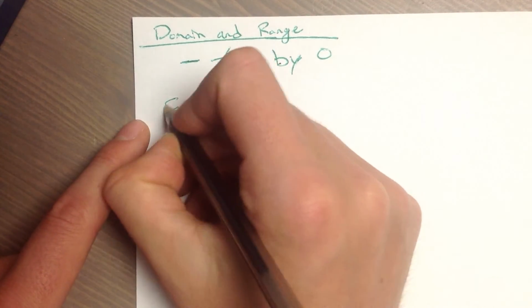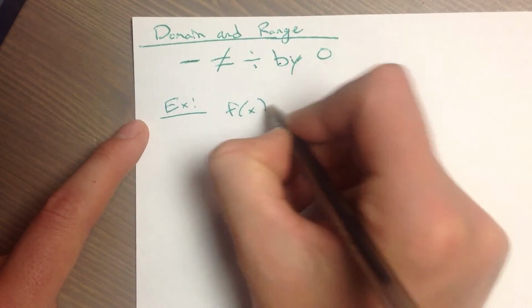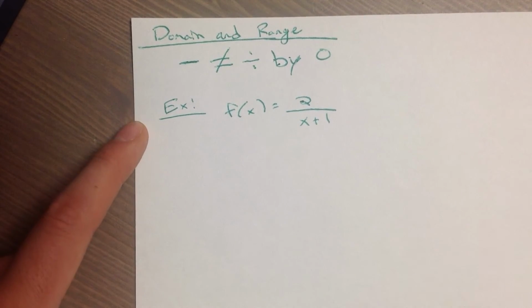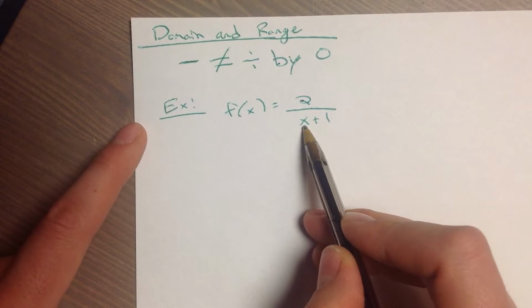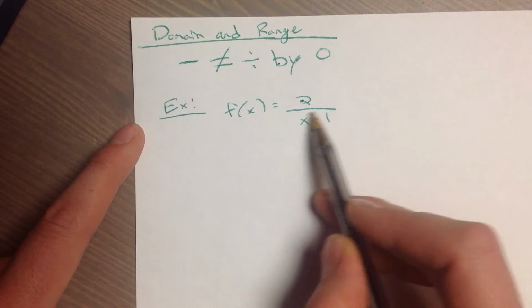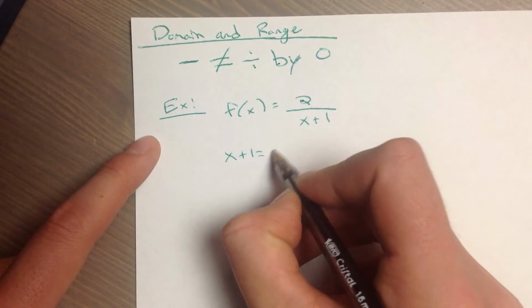So for example, let's say we wanted to find the domain given a function that looked like this. Well, if we notice, we have an x in our denominator, therefore there's possibility of a value producing a 0 down here. Where does x plus 1 equal 0?